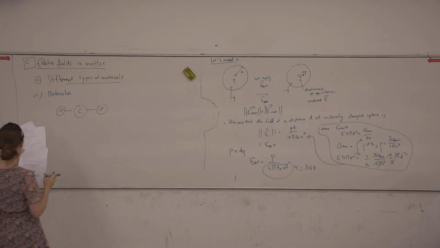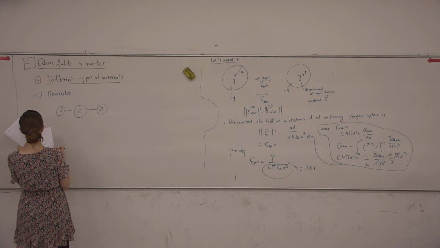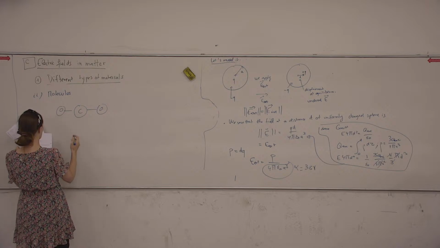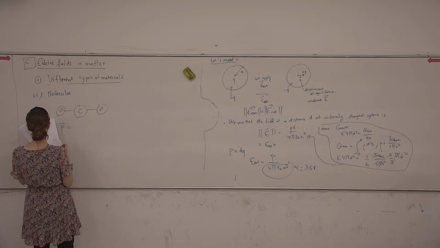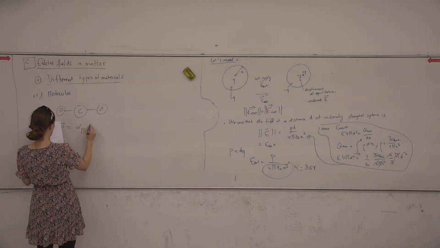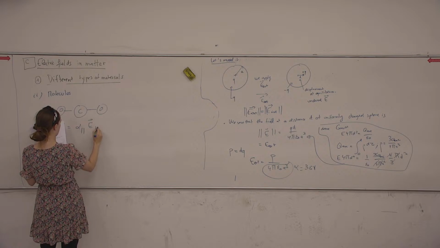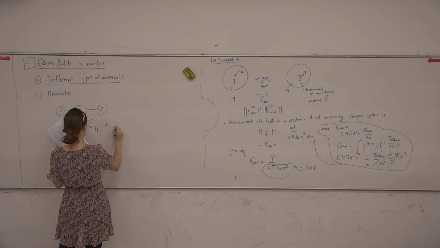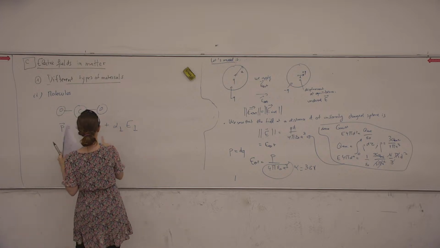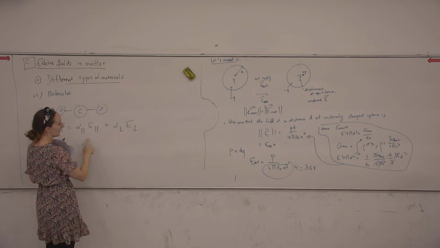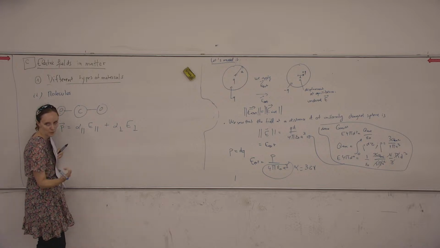So in this case, I will define a tensor of polarizability. P is going to be equal to A times E. I will have different reactions along different components.